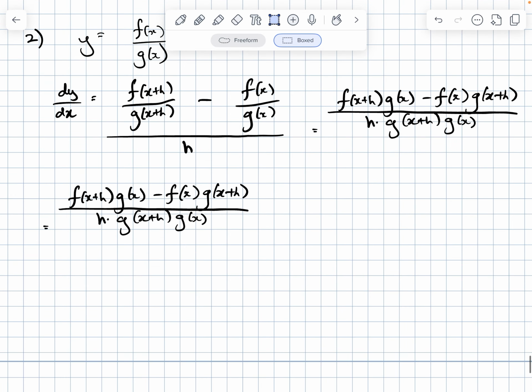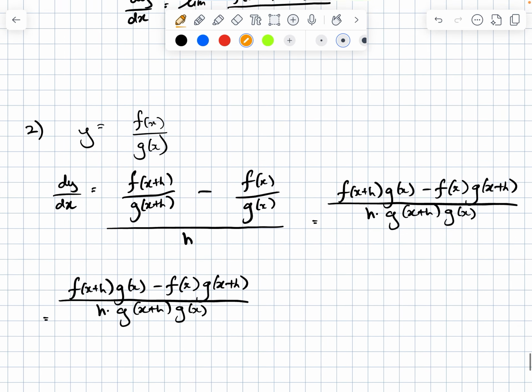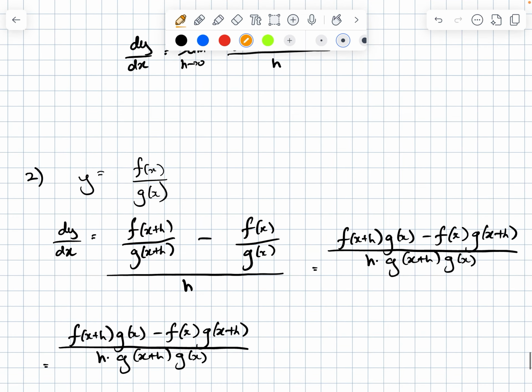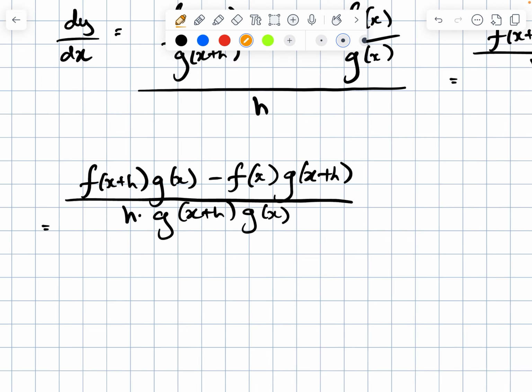Now, in terms of our numerator, I want something that resembles this, because that's what we did with the product rule. And I see f(x plus h) times g(x), but I don't see f(x) times g(x). So I really want f(x plus h) minus f(x).